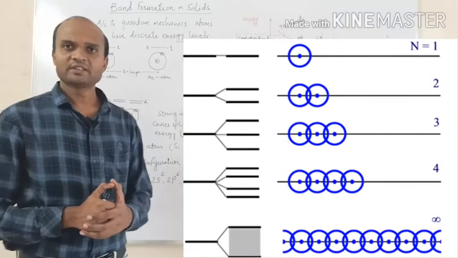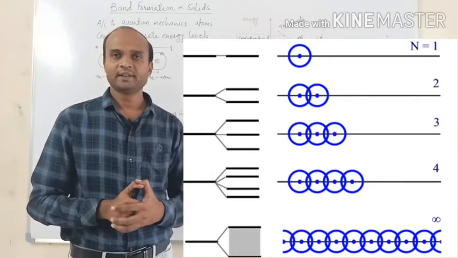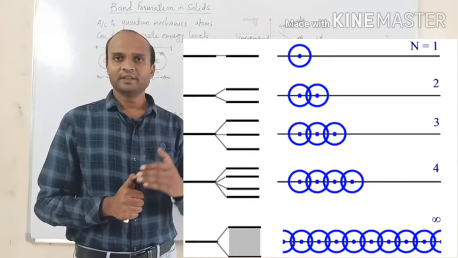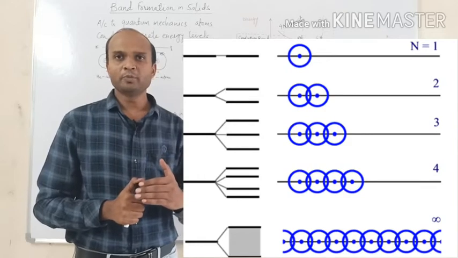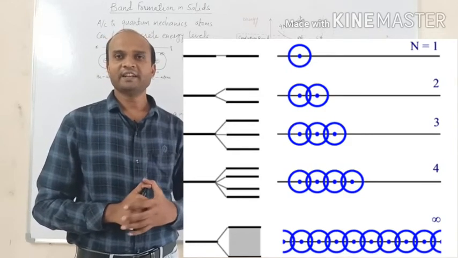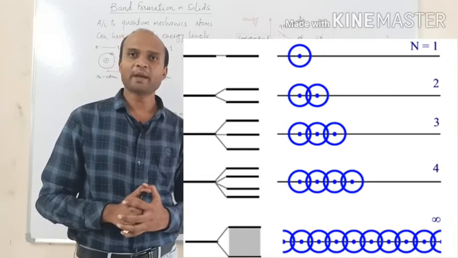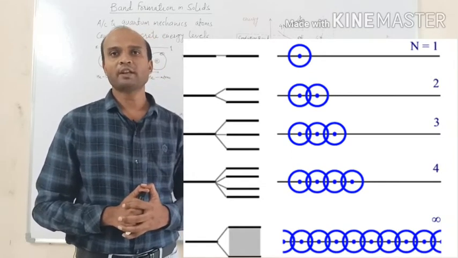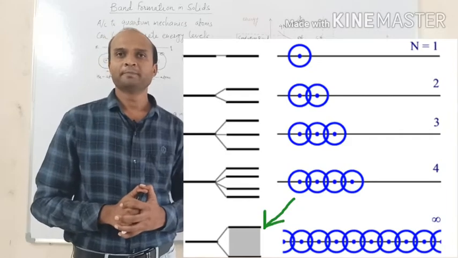These energy levels are closely packed, and these energy levels appear to be continuous in that region, and that region of closely packed energy levels is called the energy band.